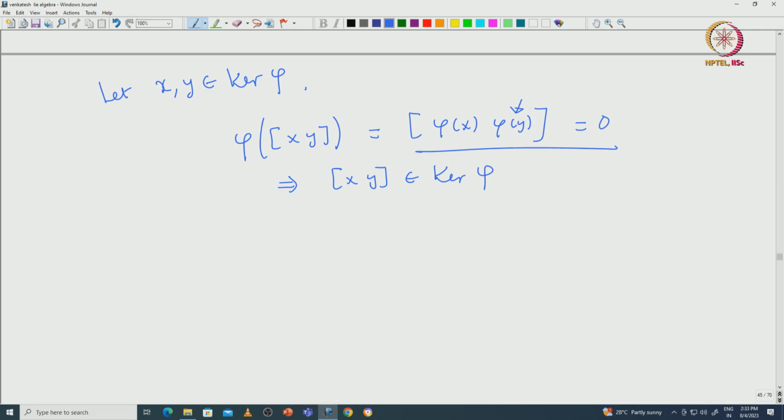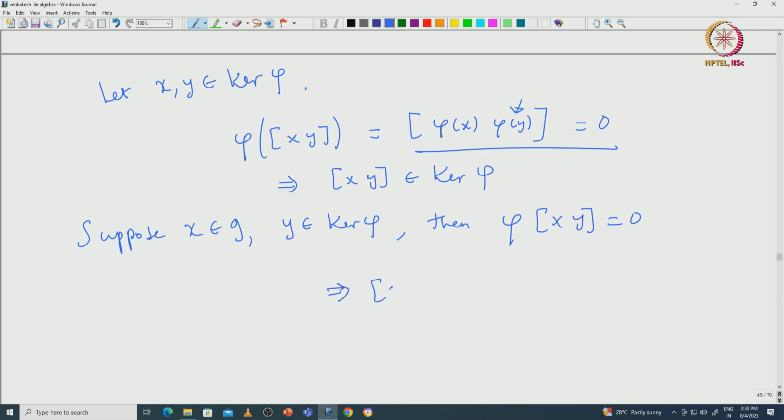That means you can assume x is coming from the Lie algebra G and y is coming from the kernel of phi, but still we will have the bracket x y in the kernel of phi. Suppose x is in G and y is in the kernel of phi, then still phi of bracket x y is 0. What does it mean? That means we still have this bracket x y in the kernel.